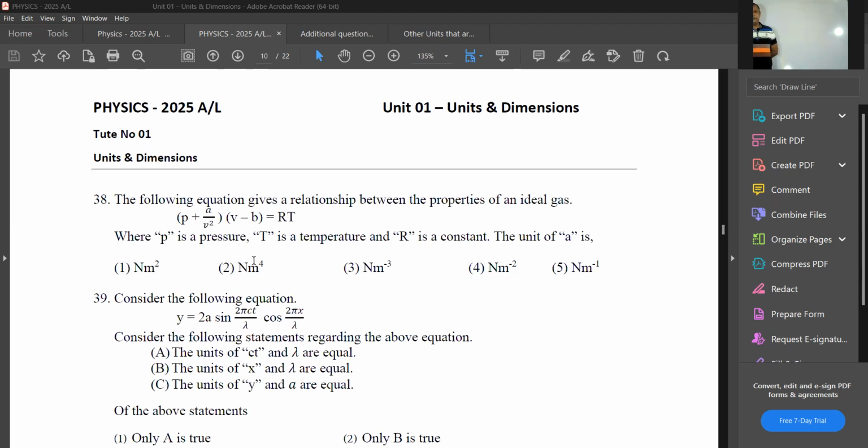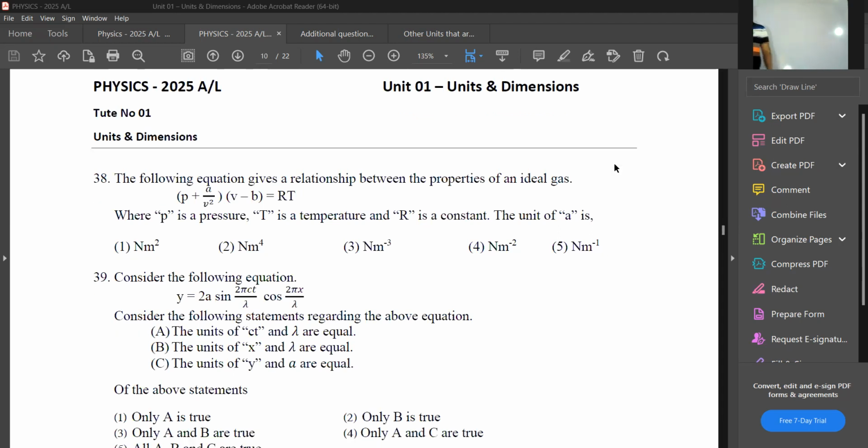Question number 38. Look at question number 38. So what is the answer? What is the answer for question number 38?